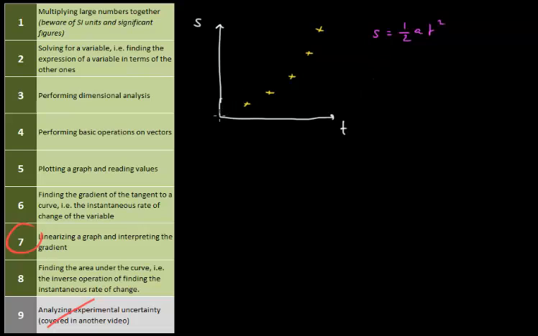This is why you're not surprised to obtain a section of a parabola with this equation. Then you want to find the acceleration of this object. What you usually do is linearize this graph so that you can easily read the gradient and then interpret the acceleration from that.